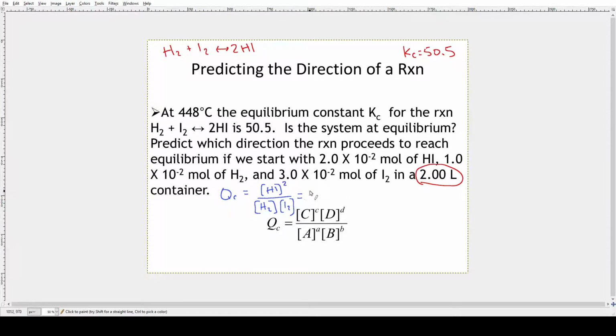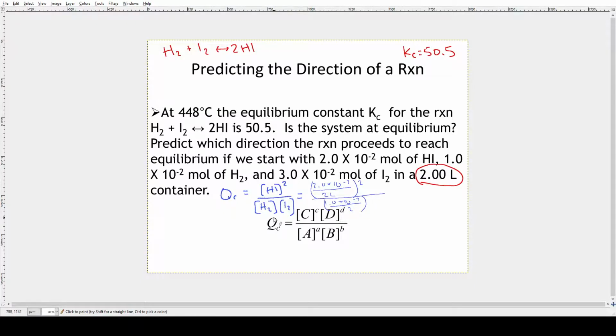Now I'm going to say, all right, I think I need my pen to be smaller. I'll have 2 times 10 to the negative 2 divided by 2 liters. That's where that's coming from. This will be squared, divided by H2. Where's H2? 1 times 10 to the negative 2, divided by 2.